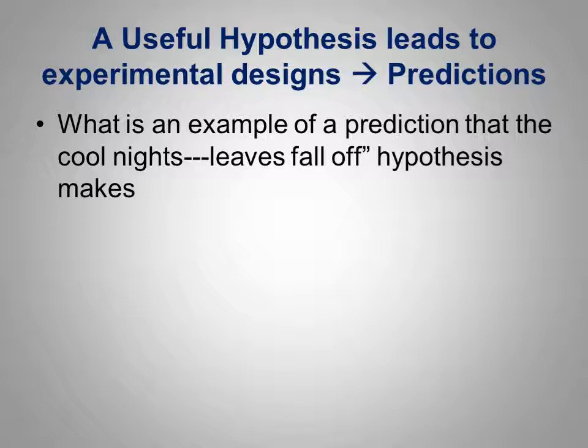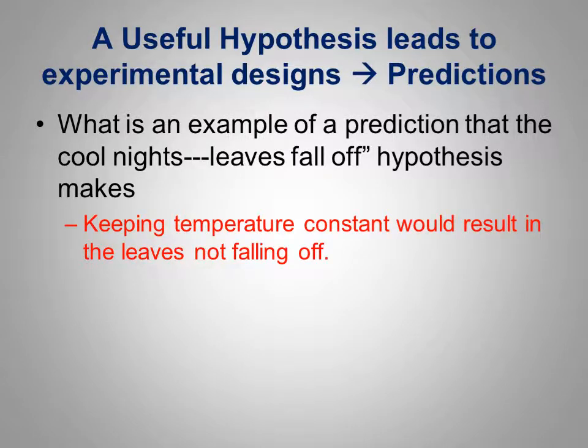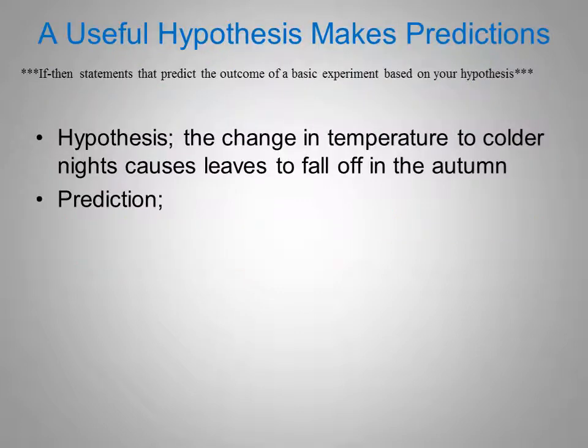So what is an example of a prediction that the cool nights hypothesis, where leaves fall off of trees, makes? So one possibility is that we could conclude if we are able to somehow keep temperatures constant, that would result in the leaves not falling off of the trees.